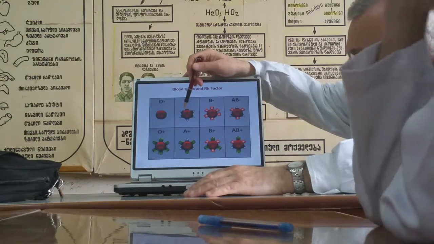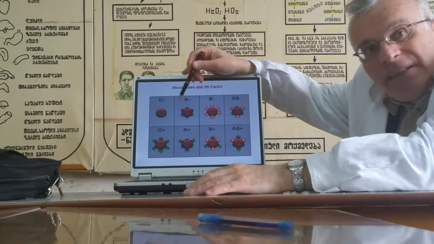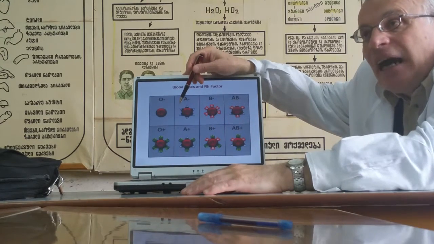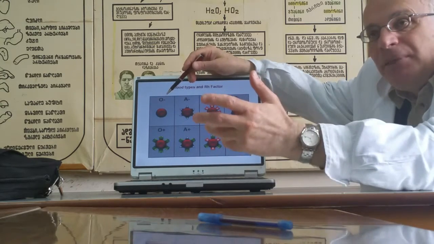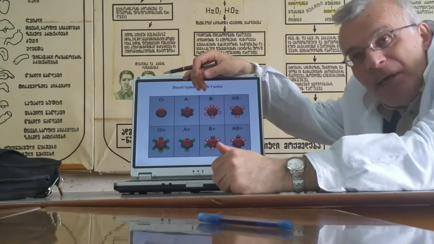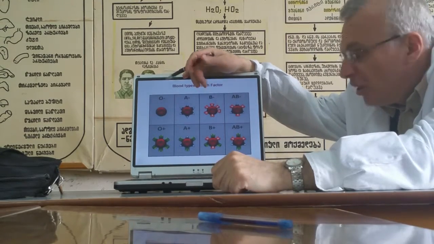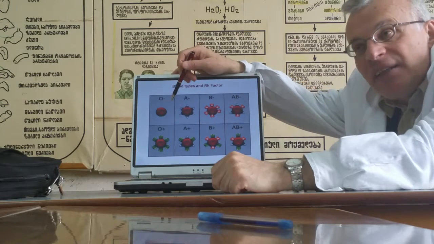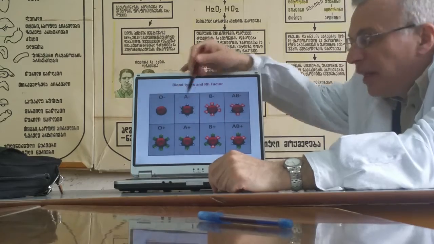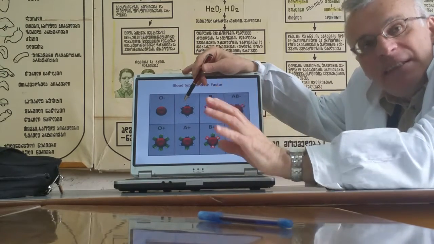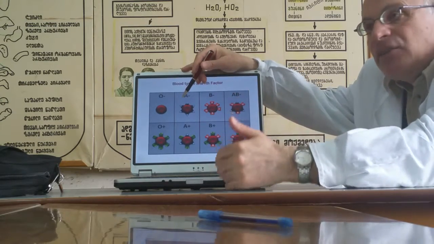Landsteiner and Wiener discovered this factor in the rhesus monkey. It is also an agglutinogen. About 85% of the global human population has this factor, now called the rhesus factor, and just 15% lack it. So most people are rhesus positive.